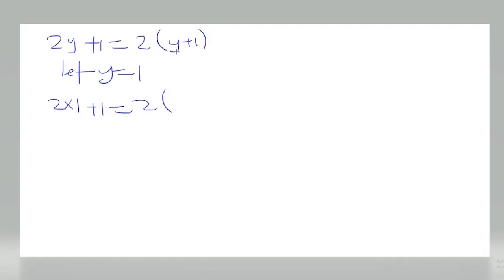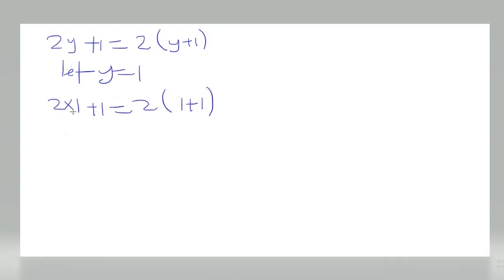This one is equal to 2y plus 1. Prove if an expression is an identity. Now let y is equal to 1. Now this one will be equal to 2 times y, which is 1, then plus 1 is equal to 2y, which is 1, plus 1.